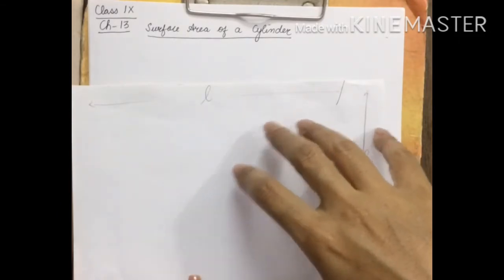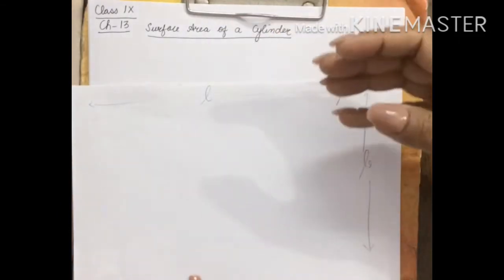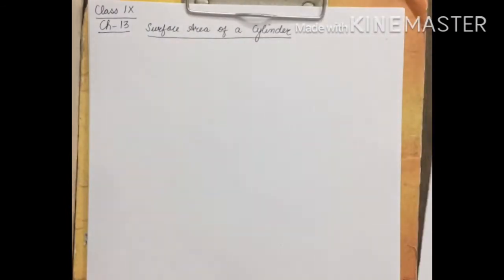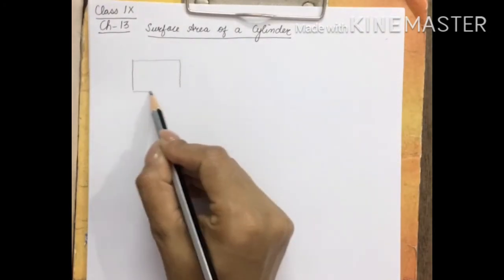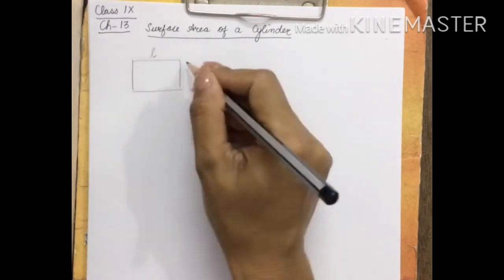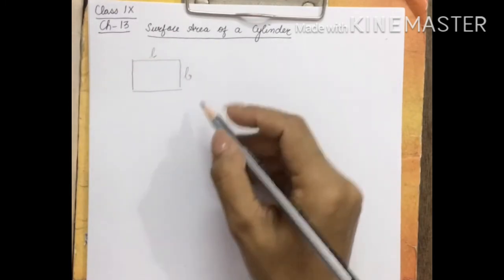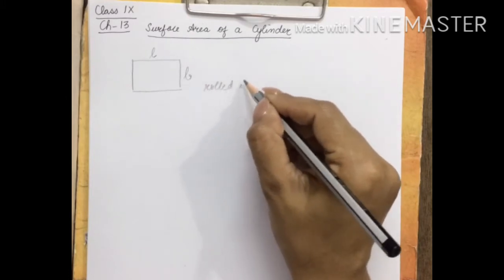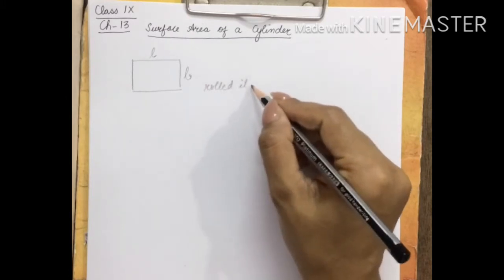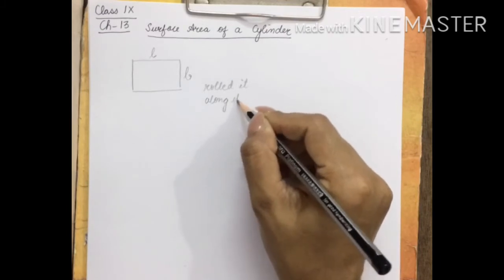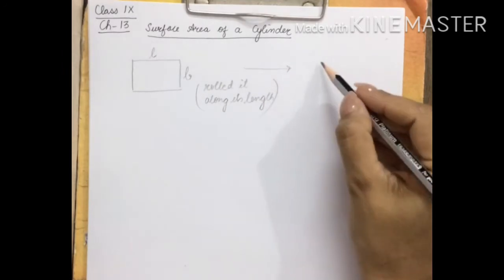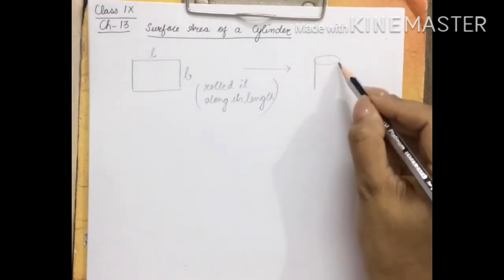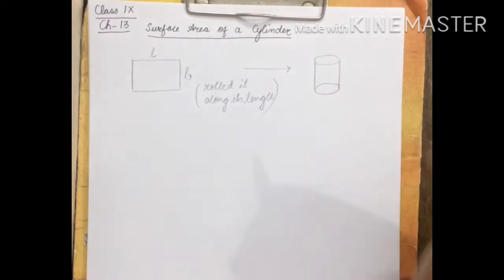So if I have to represent the concept with the help of a picture, it would be somewhat like this. So I have a rectangular sheet of paper. This is the length, the longer dimension, the shorter dimension is the breadth. So if I roll it along its length, it gets converted into a shape which resembles a cylinder.